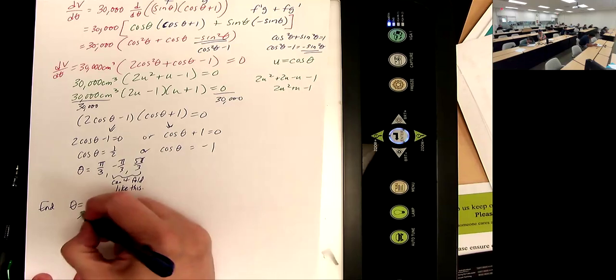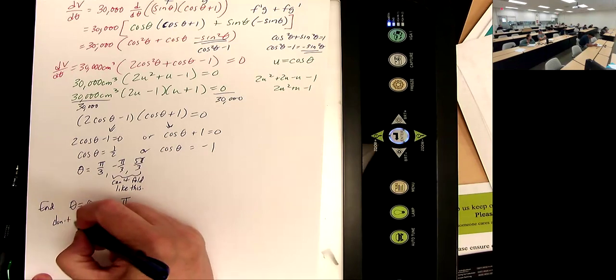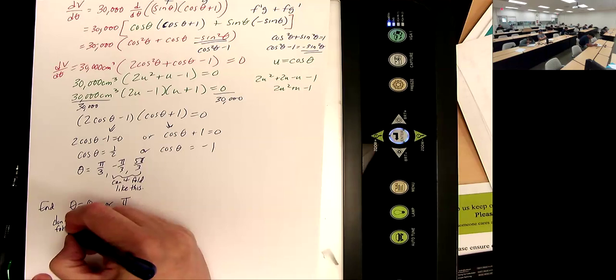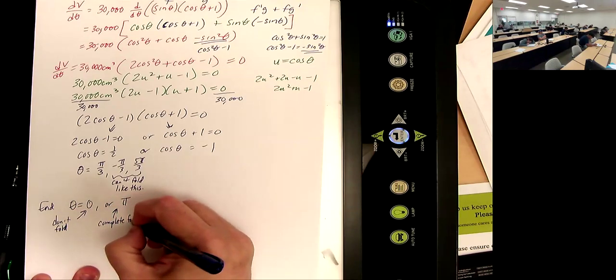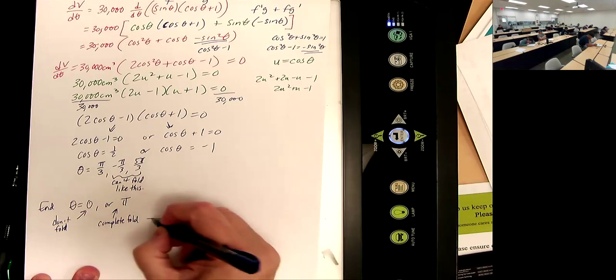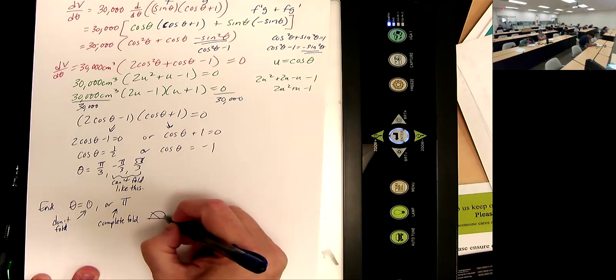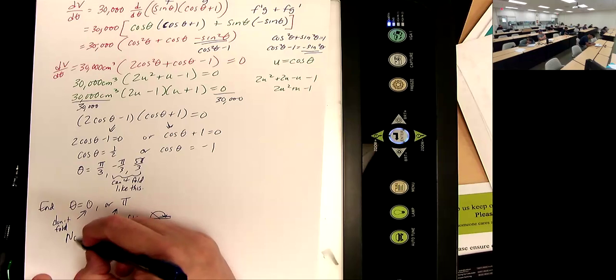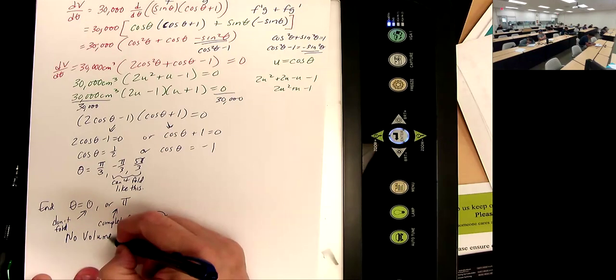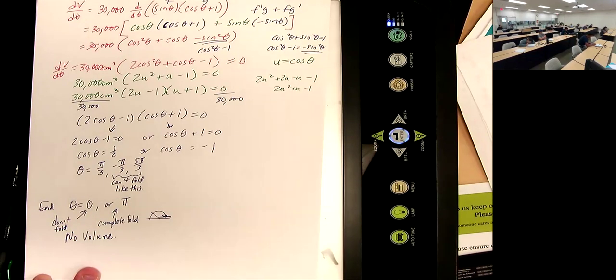So that's don't fold, and that's a complete fold. All the way in, and now we have no volume. Both of these end in no volume. If it's a flat piece of metal, it doesn't hold anything, and if it's completely folded, it's again flat, so there's no volume.